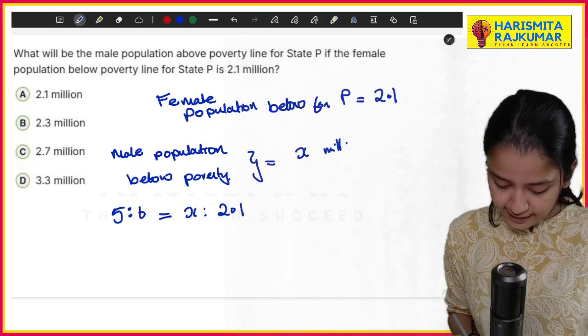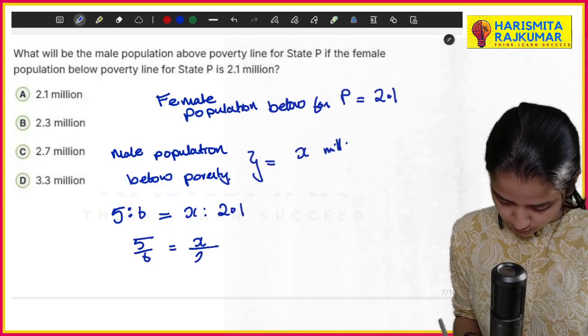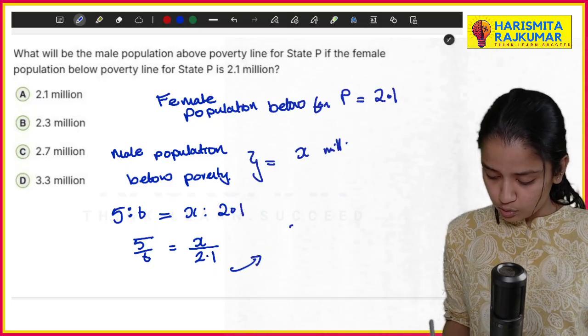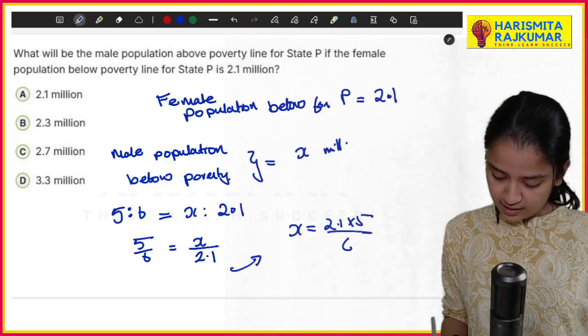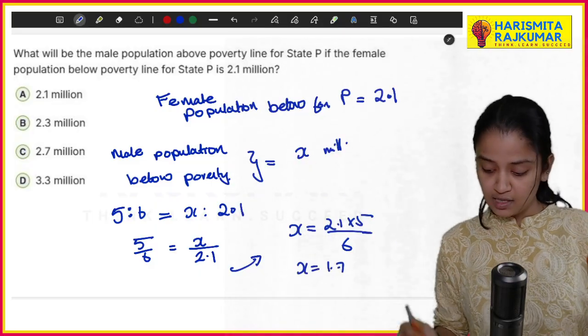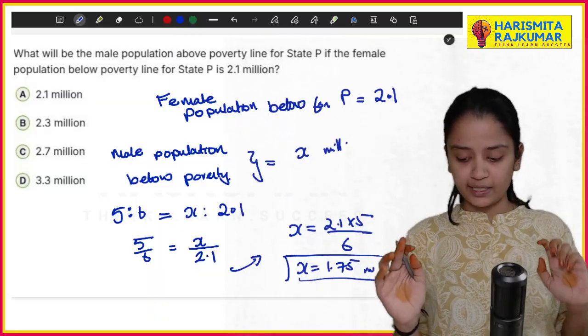So 5 by 6 is equal to X by 2.1, which gives X is equal to 2.1 into 5 by 6. So X is nothing but 1.75. This is in millions.